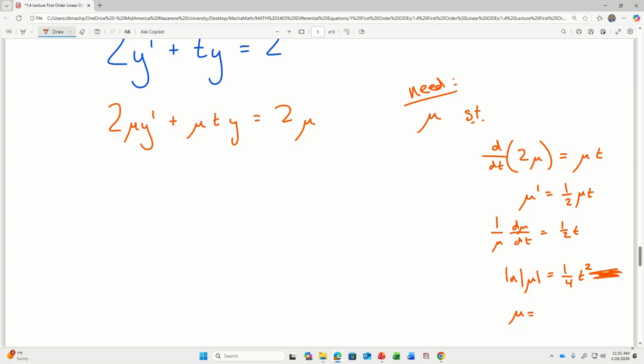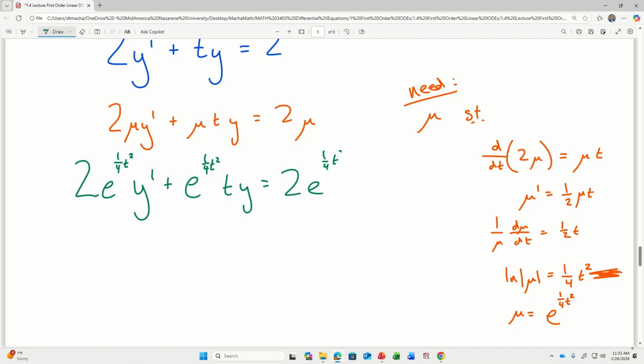Then take the exponent of both sides. I get e raised to the power 1/4 t squared. Nice. So back to my equation, and I have 2 e to the 1/4 t squared y prime plus e to the 1/4 t squared times t times y equals 2e to the 1/4 t squared.